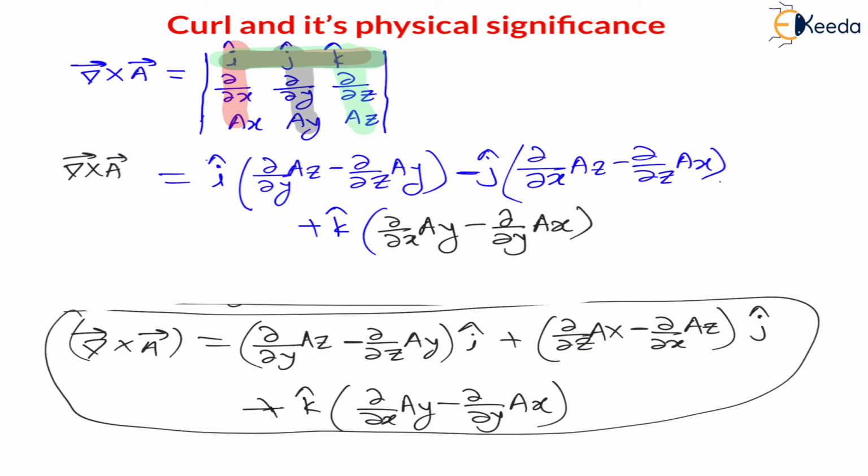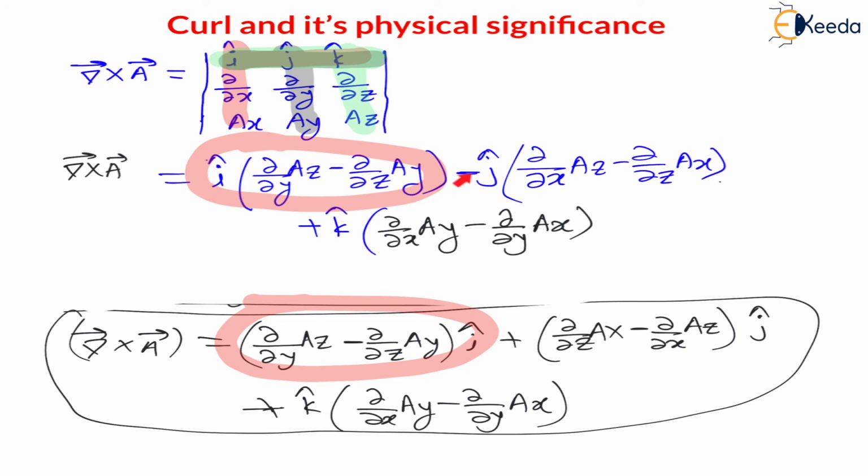And exactly the same I have written. You can compare the terms. See, the first term, exact same first term you will find here. Second term, see, here there is a plus, but here we have written minus because these inside terms are interchanged. If I interchange inside terms, here there will be a minus.